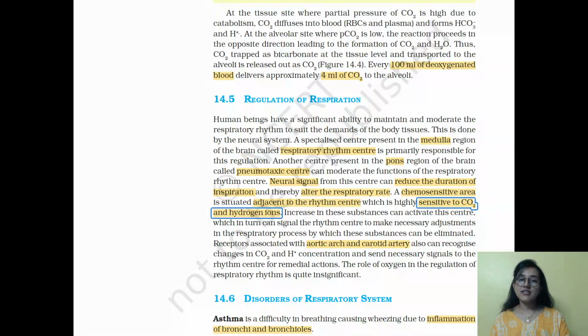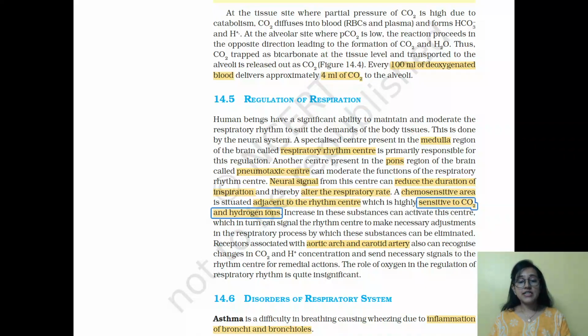So, imagine it like a chain of reactions. A neural signal from this pneumotaxic center can reduce the duration of inspiration and thereby alter the respiratory rate. Also, a chemosensitive area is situated adjacent to the rhythm center in the medulla region, which is highly sensitive to carbon dioxide and hydrogen ions.